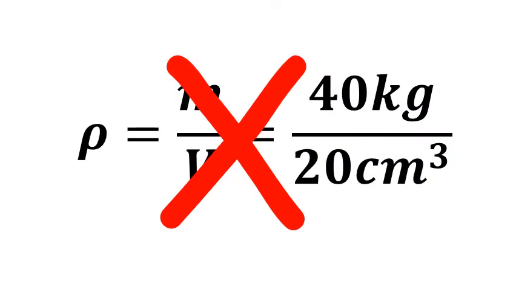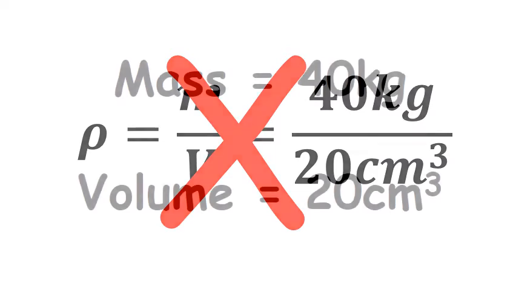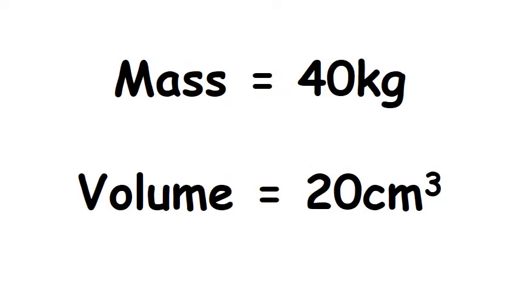Because if you look at what we are given, mass 40 kilograms, volume 20 centimeters cubed, the units here do not match. Remember that unless the question tells you, which in this case it didn't, we cannot combine kilograms with centimeters cubed or grams with meters cubed. Kilograms must work only with meters cubed. Grams must work only with centimeters cubed. So here we need to do a conversion before we can continue.